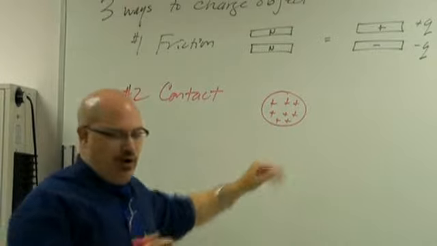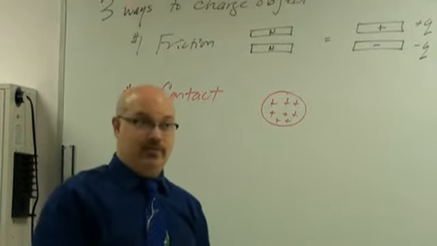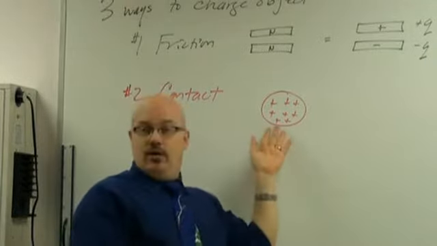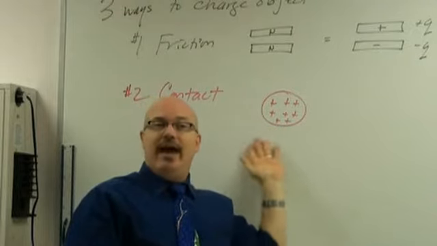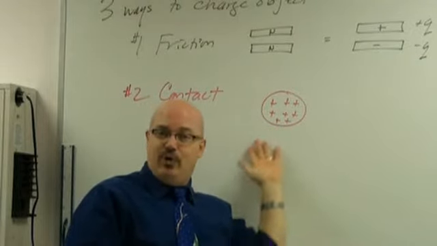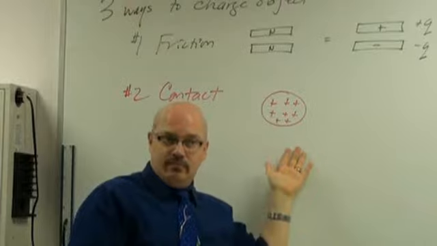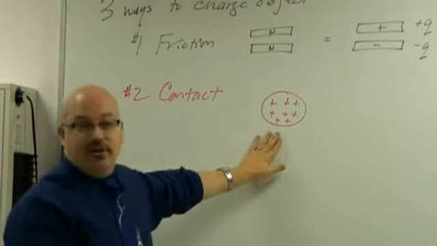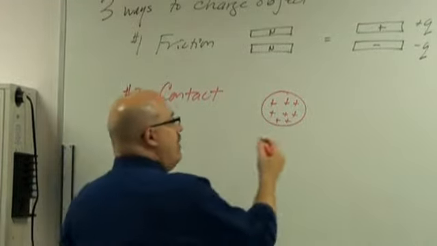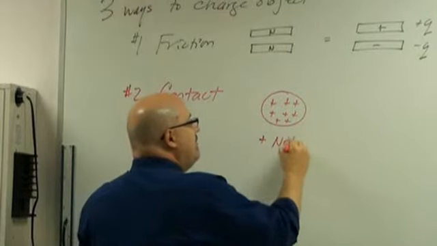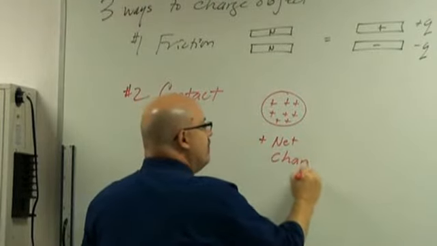That would be some sort of really crazy nuclear reaction. Okay? What we have here is I'm just showing the excess charge. This is just the extra protons we have, right? That's net. This is the net charge. Very good. So we have a positive net charge.